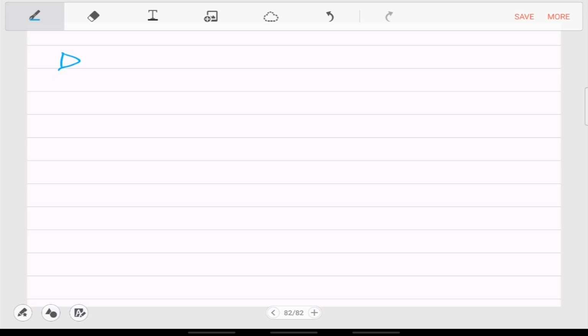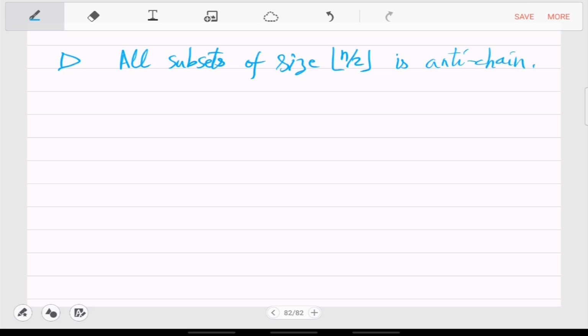So an example of an anti-chain is all subsets of size floor of n by 2. In case n is odd, all subsets of size ceiling also form an anti-chain, and both are equal in size.